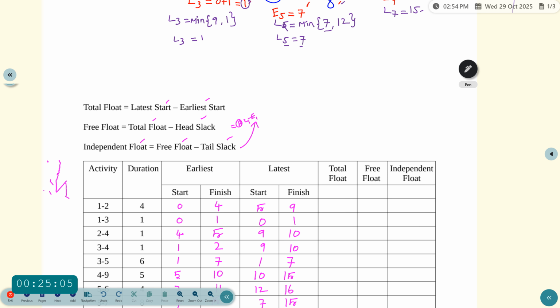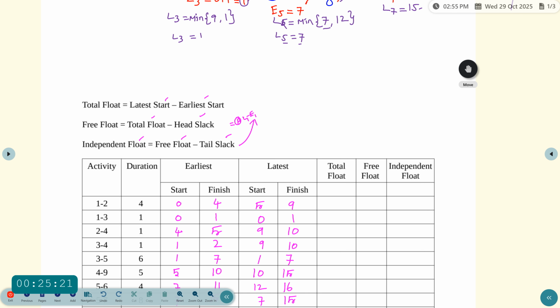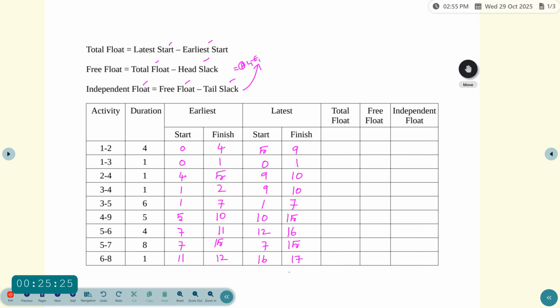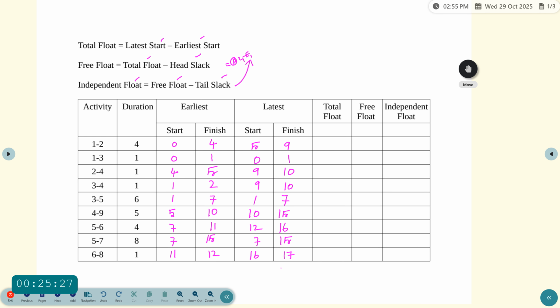So first column. Listen, this is the table form.